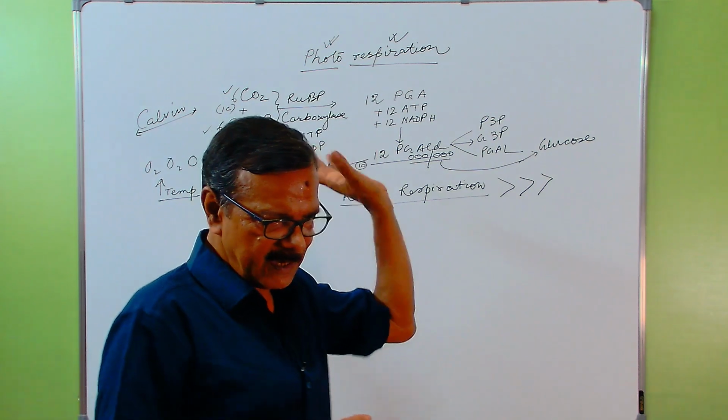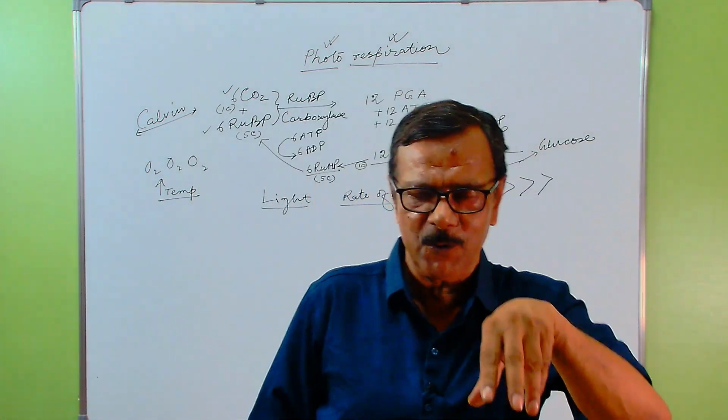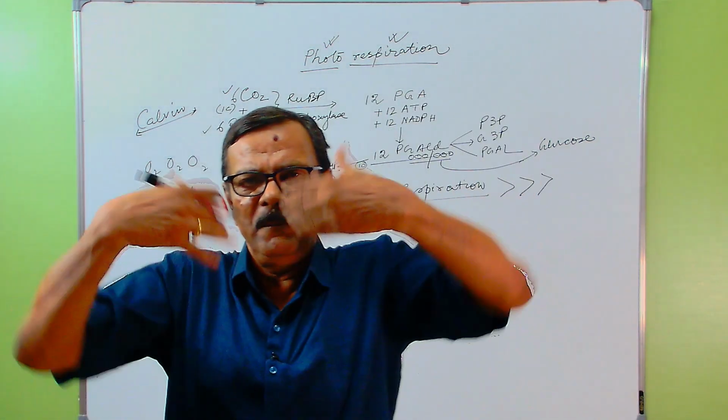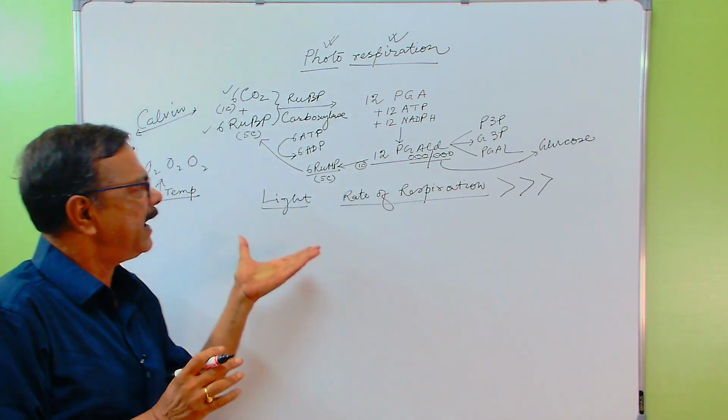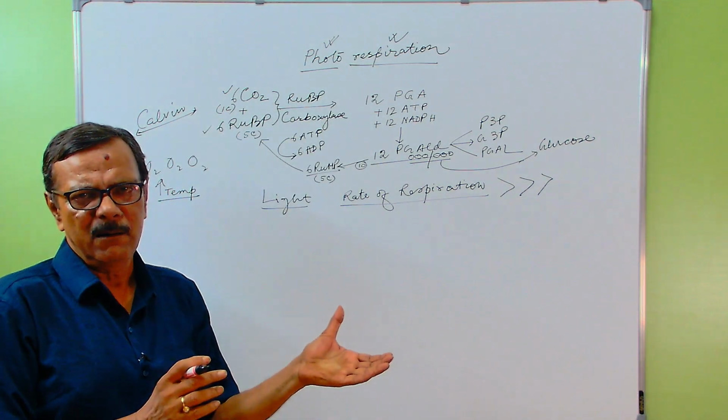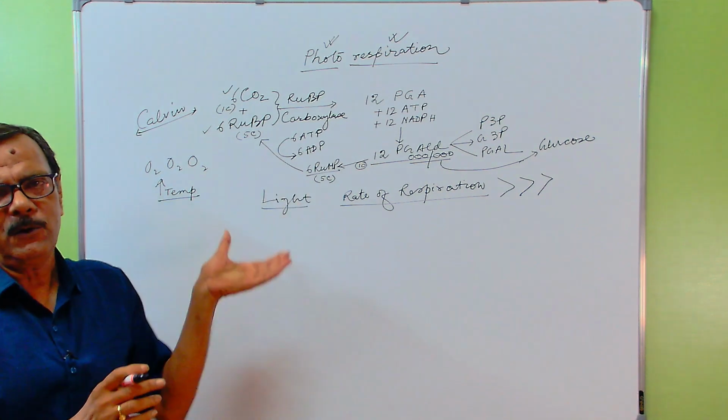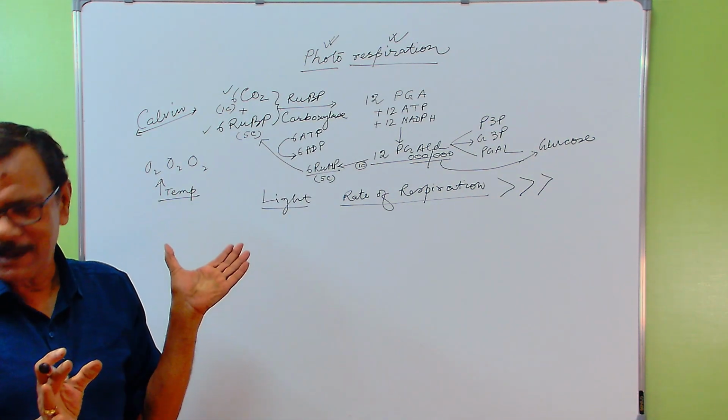So with a lesser amount of CO2 and a bigger amount of oxygen, the plant used to take oxygen more as compared to CO2. How does it happen?